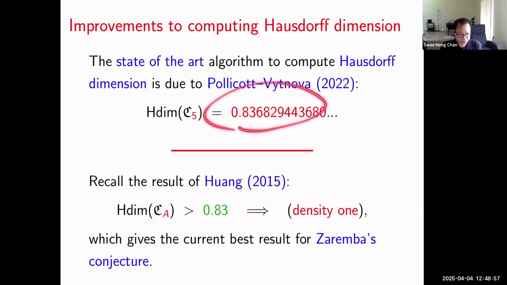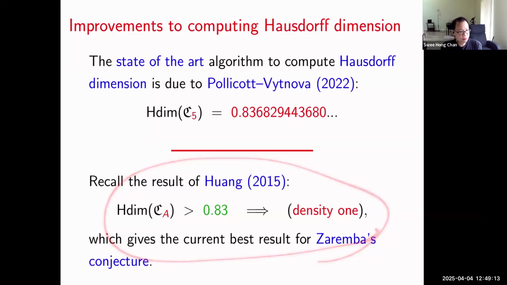Here is the constant they computed. In particular, combined with the previous improvement by Huang, you get that this number is greater than 0.83. That's how you get the current best result for Zaremba's conjecture, and this is where it currently stands.